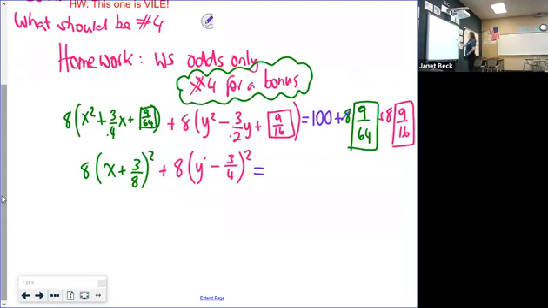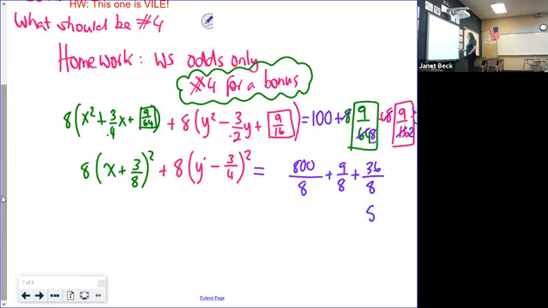Right. 8 goes into 64 8 times. 8 goes into 16 twice. So I'm going to have to add these together over a common denominator of 8. This would be 800. Oh, I'm really writing 8,000. Got 800 over 8 plus 9 over 8 plus this would have to be multiplied by 4, plus 36 divided by 8.